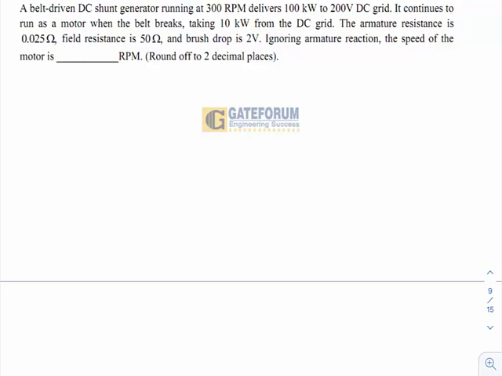Okay, the individual brush drop can never be greater than 1 volt. Okay, so they have given the total brush drop for the two brushes, that is 2 volt. Ignoring the armature reaction, that is, you have to keep the flux constant. Okay, there is no decrement in flux because you are neglecting the effect of armature reaction here.